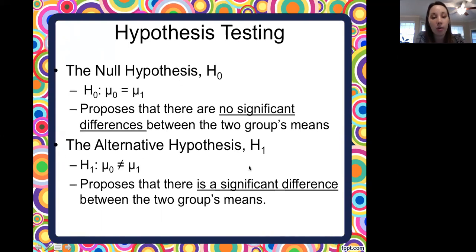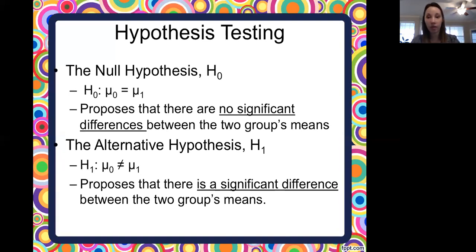The alternative hypothesis, on the other hand, which is abbreviated H1, argues that there is a significant difference, so they are unequal from each other. So that's what the symbols look like for that one. So the alternative hypothesis argues that there is a significant difference between our two groups, between our sample mean and our population mean.